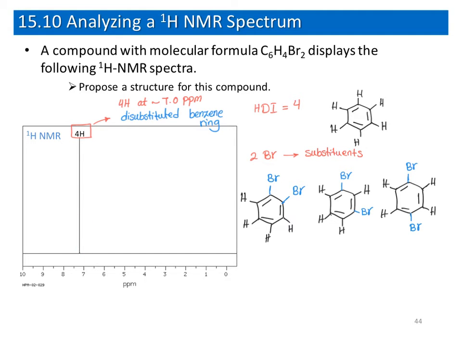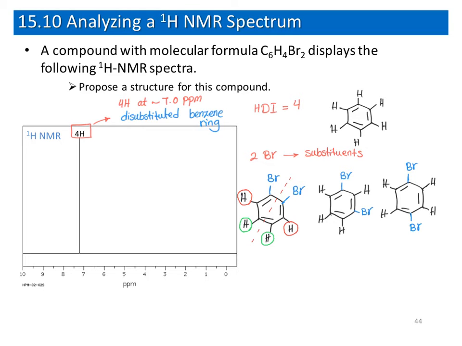Let's see how many signals we can get for each of these compounds in hydrogen NMR. Looking at this structure, we have symmetry right here, and that symmetry makes these 2 hydrogens the same. So we are going to see one signal for these with integration of 2, and these 2 hydrogens will be the same, so we are going to see another signal for them with integration of 2.